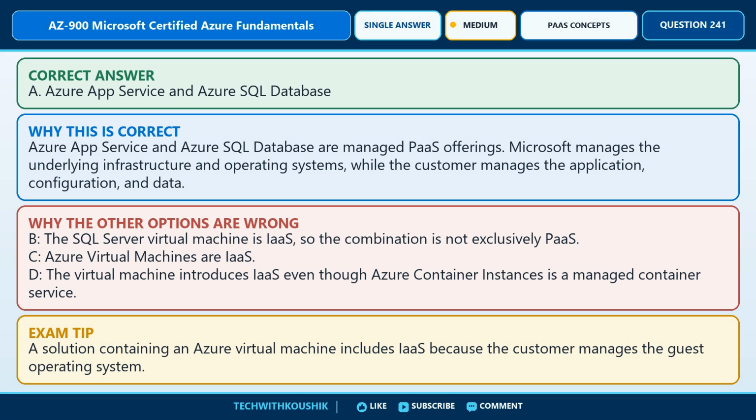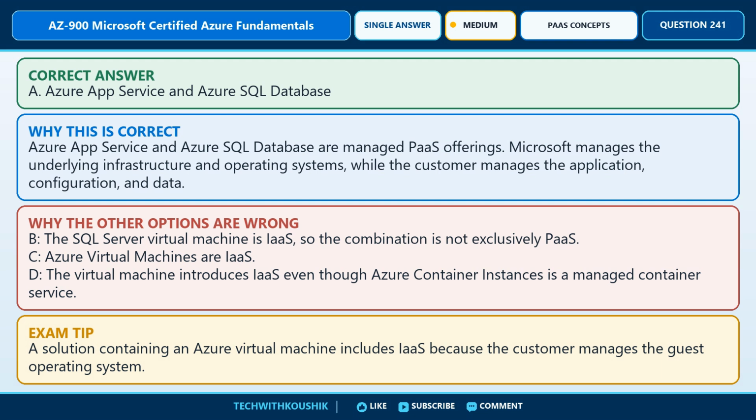Here's why. Azure App Service and Azure SQL Database are managed PaaS offerings. Microsoft manages the underlying infrastructure and operating systems, while the customer manages the application, configuration, and data. B. The SQL Server virtual machine is IaaS, so the combination is not exclusively PaaS.